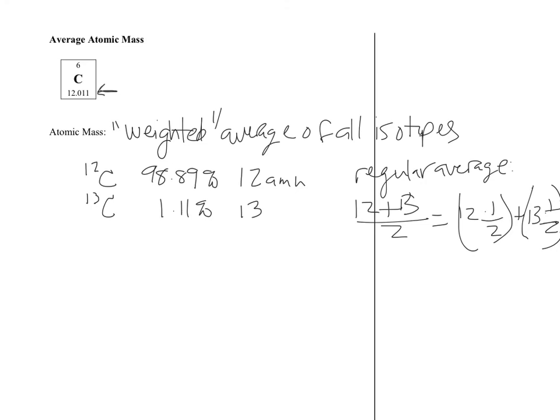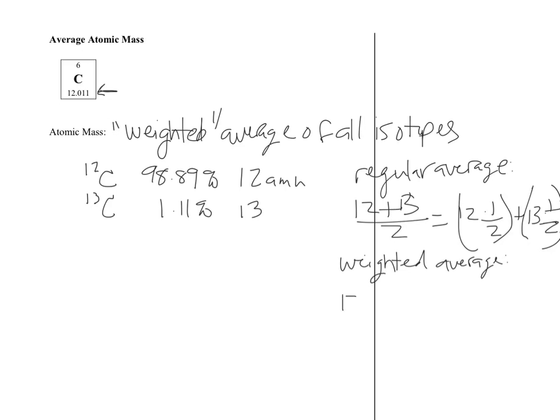So 12 times 1/2 is saying that half of my sample weighs 12 and half of my sample weighs 13. Well, with a weighted average, instead of calling it 1/2, we're going to multiply by its proportion of the natural environment.